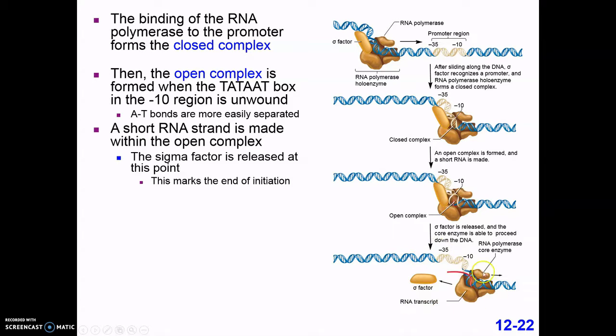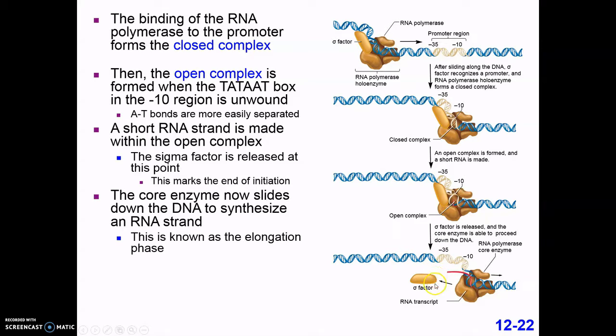And this would mark the end of the initiation phase. Past this point, the RNA polymerase would continue to make RNA transcript, and this would enter into what's known as the elongation phase.